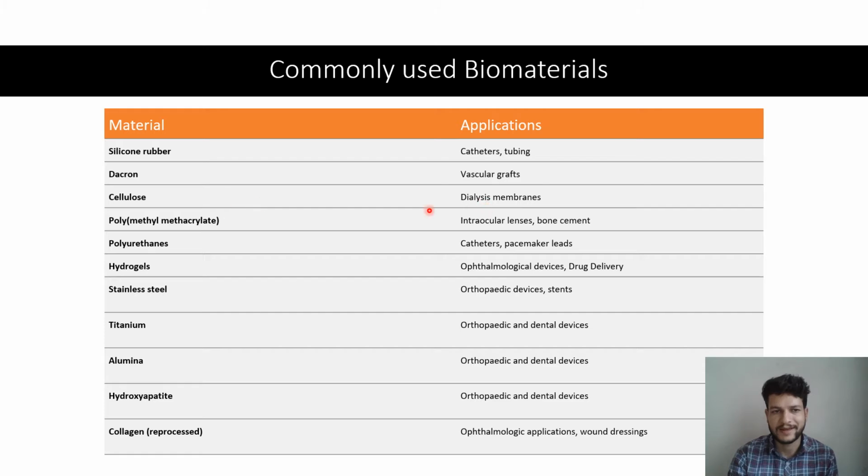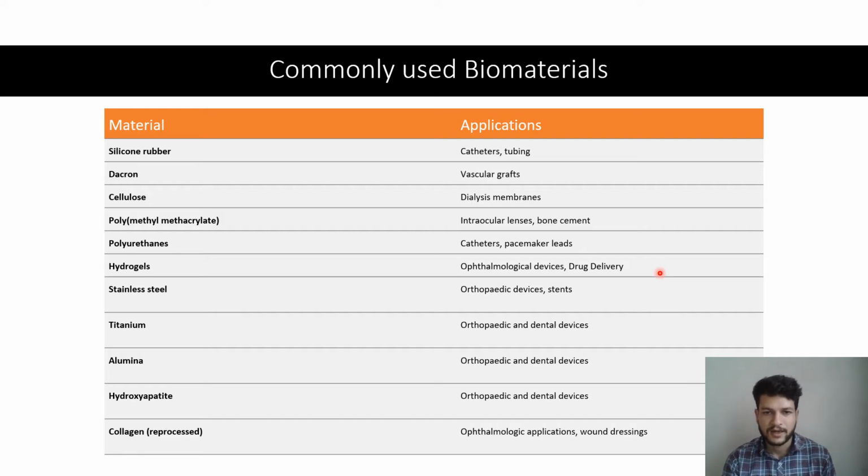Cellulose is used to make dialysis membranes. Polymethyl methacrylate is used to make intraocular lenses and bone cement. Polyurethane is used to make catheters and pacemaker leads because of their elastic and flexible properties. Hydrogels are used to make ophthalmological devices, and also in drug delivery to deliver drugs to different parts of the body.